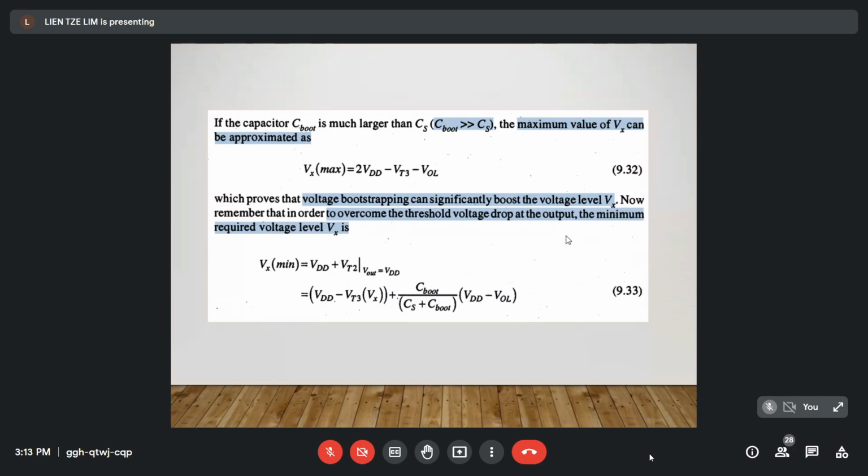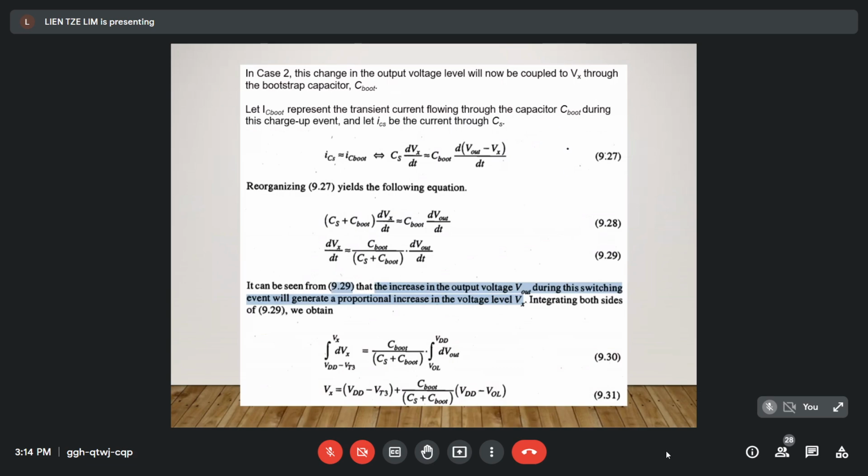The equations given here are about how to get C boot and the Vx value, through the values of C boot and CS.